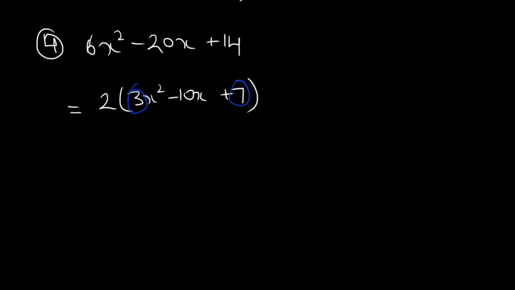But since this is a positive, we don't need to in any case. In this case, we have 3 times 7, which is 21. And using the factors of 21, I need to somehow make negative 10. So the factors that come to mind are just 3 and 7 that work to give us negative 10.